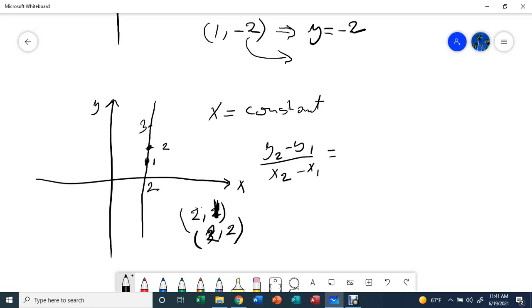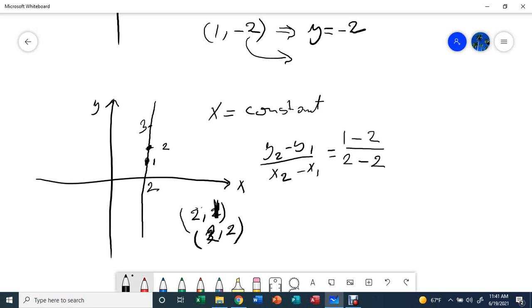So now y2 minus y1, we can do 1 minus 2, and x2 minus x1 is going to be 2 minus 2, and we have a problem here.